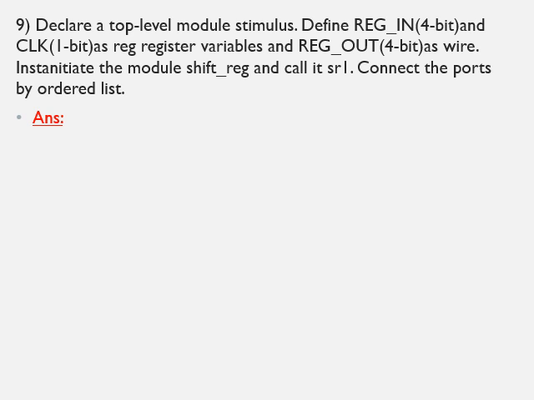Okay, so the module definition will start with the keyword module. The name of the top level module is stimulus. Okay, this will not have any port list, so just a semicolon. It is asked to declare register in and clock as register type variables.